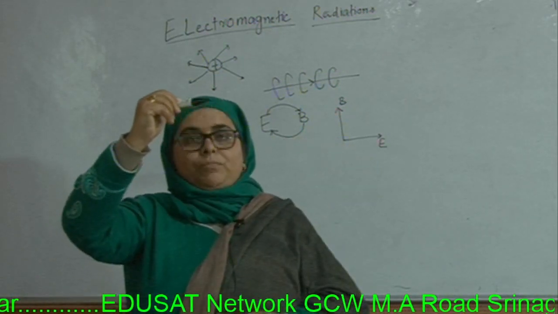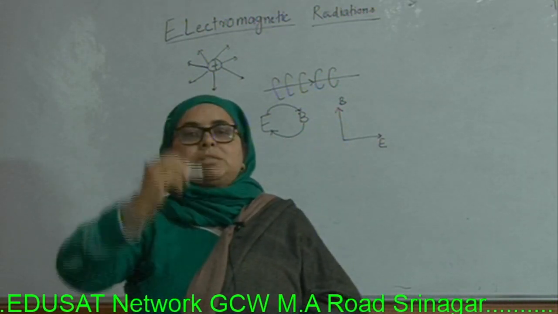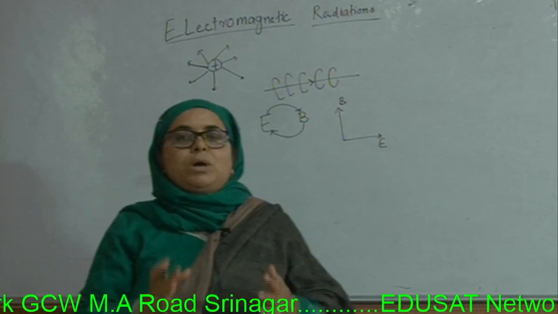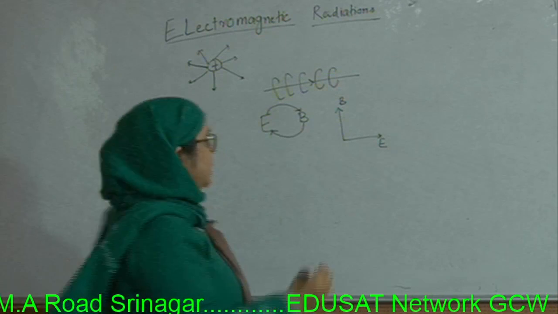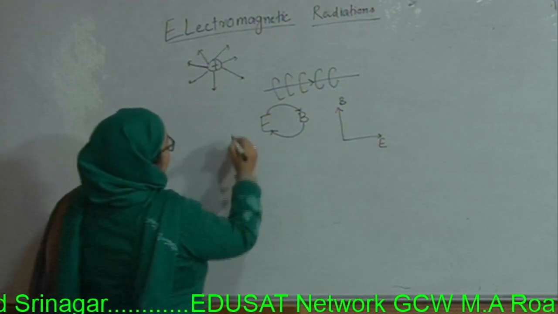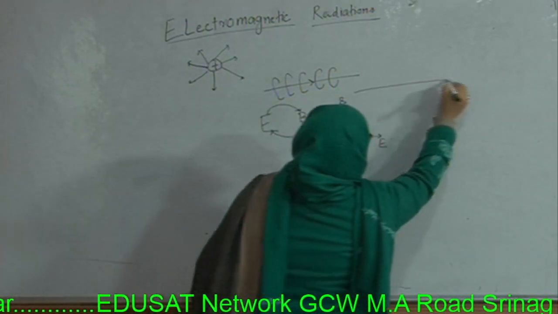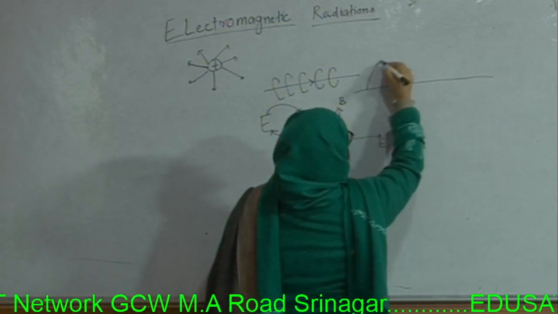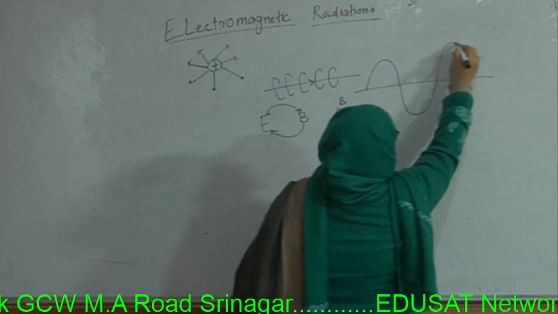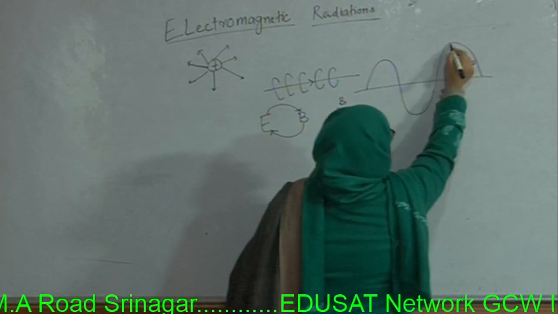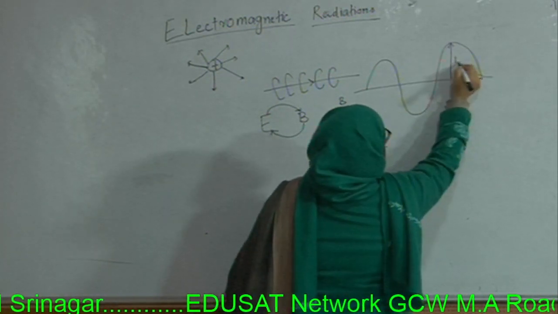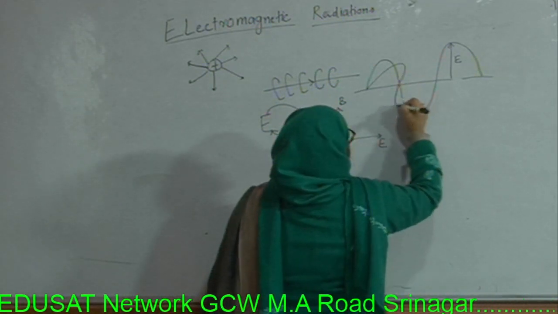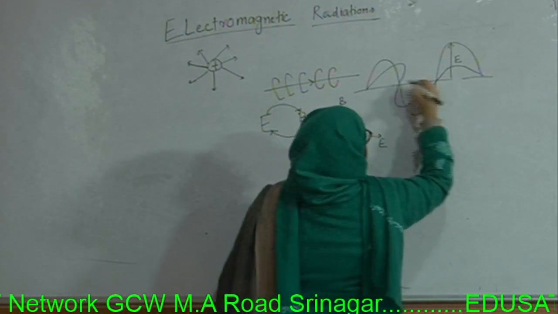This particle oscillates at 90-degree angles to the direction of propagation, and this will give us a transverse wave. So this is the direction of propagation. Let us say this is the electric field. This will be our magnetic field.